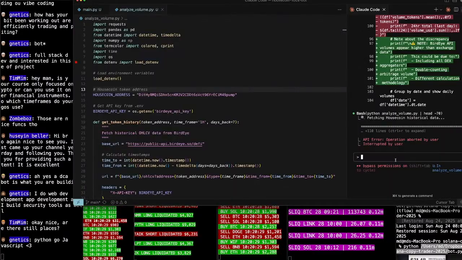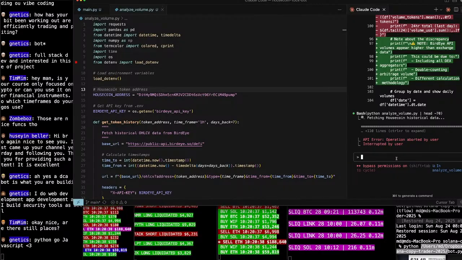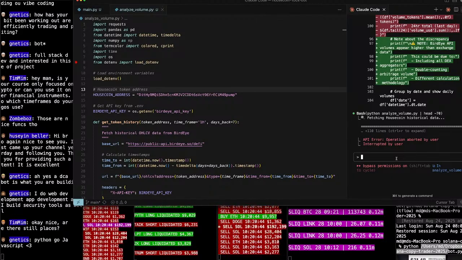I don't know where you got the billion from. So that's why I believe you need to print out the full data frame here in Analyze Volume, and then we can explore from there to see what the volume's actually looking like.